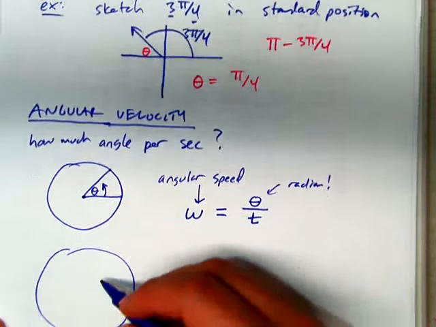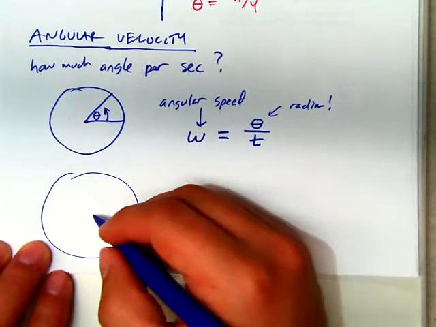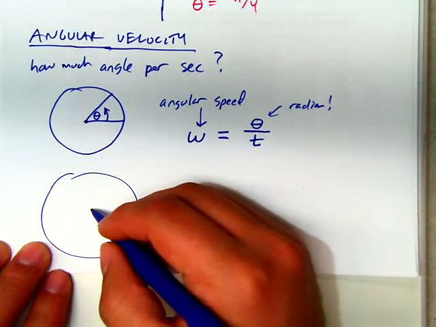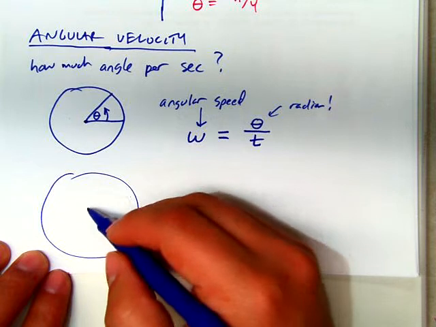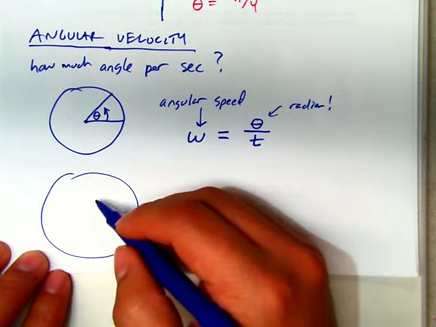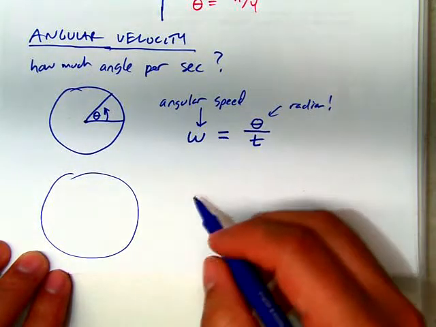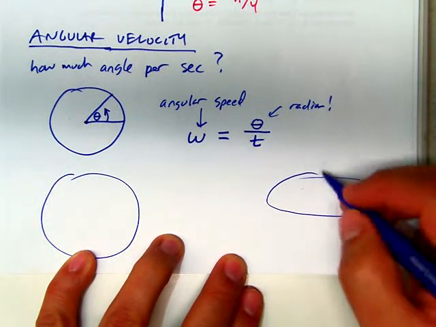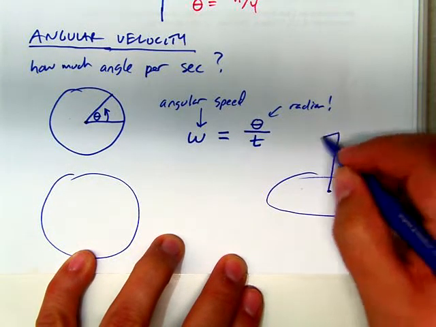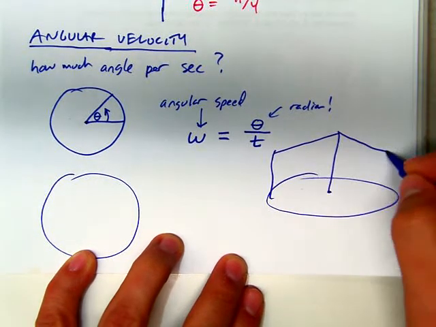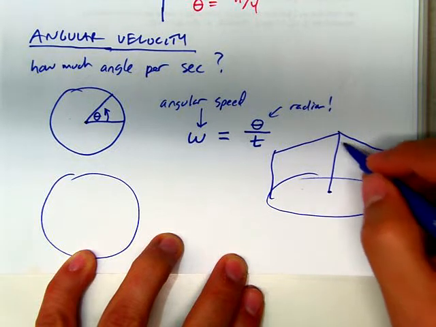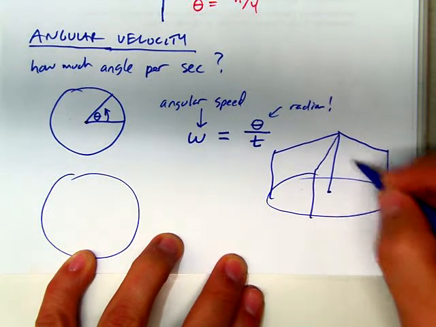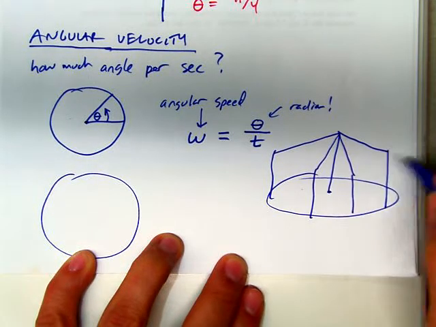Imagine we have a merry-go-round, or one of those playground spinny thingies. Let's see, what am I talking about here? Maybe if I draw it like this. You guys know what I'm talking about? Hopefully you do.